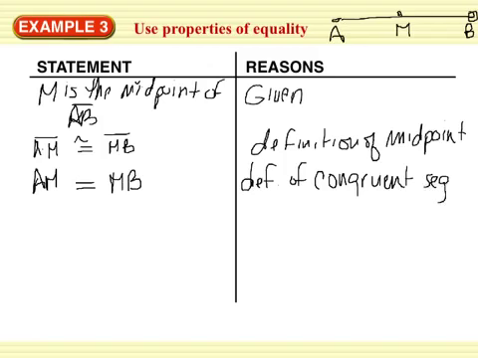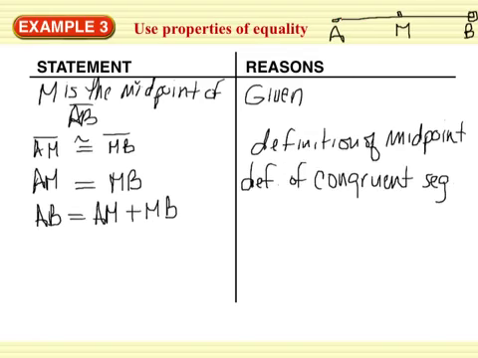Sounds like something that I'd put on a note card to help me remember. All right, what else do we know about segments? Well, we do know the segment addition postulate. So I know that AB is equal to AM plus MB because of our segment addition postulate.